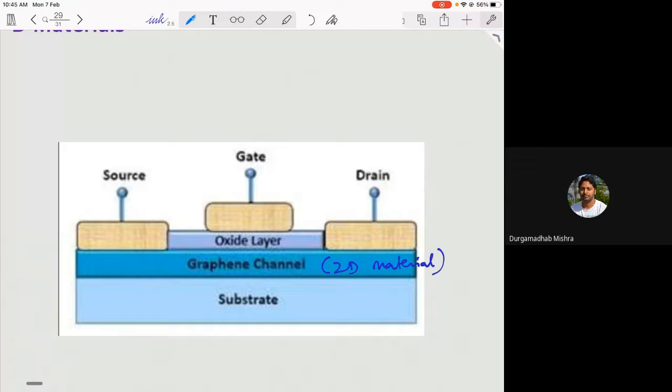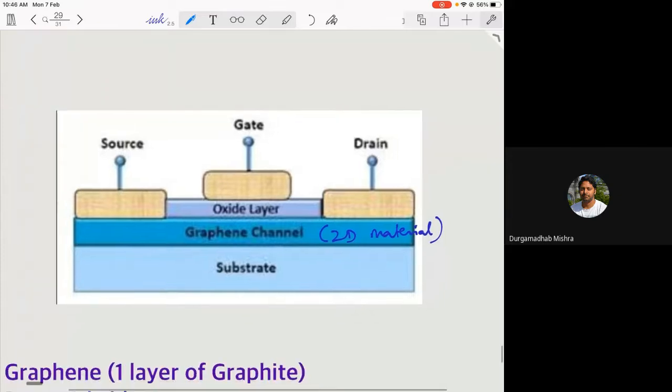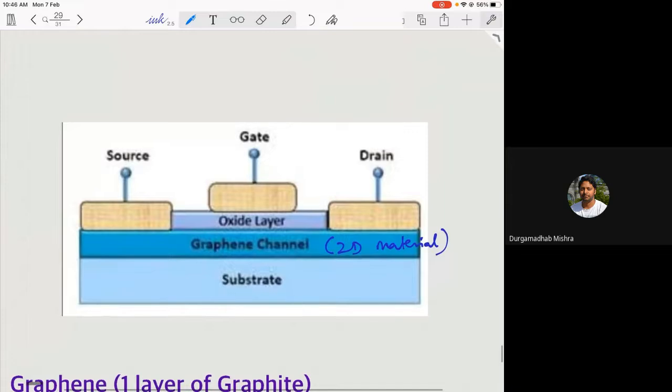These 2D materials are almost like one atomic layer thick. It is not like you can handle it with your hands and see it with your eyes. So it is very difficult to incorporate this channel material within the existing semiconductor fabrication technology.